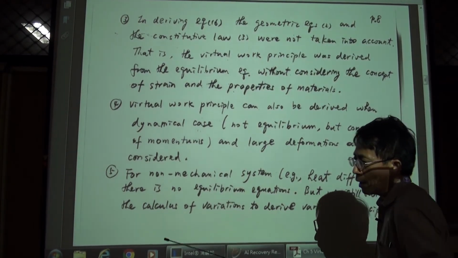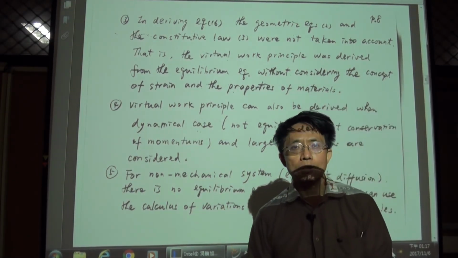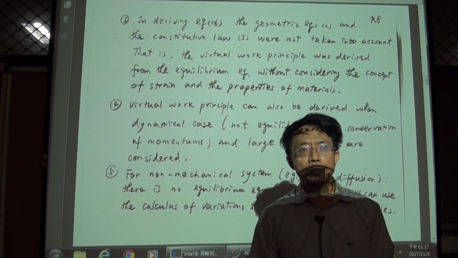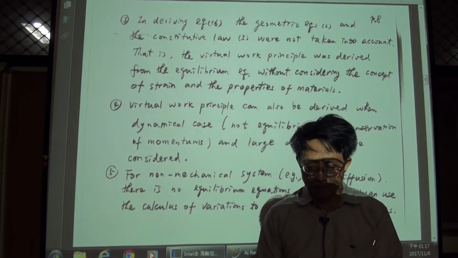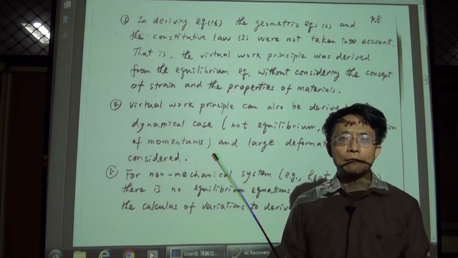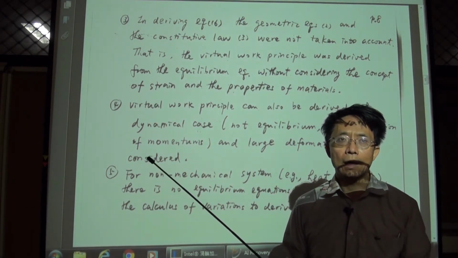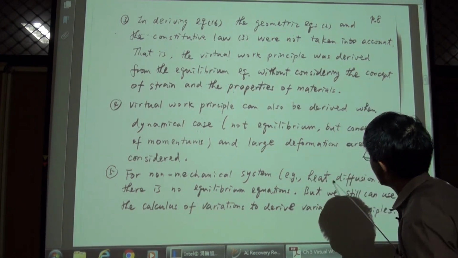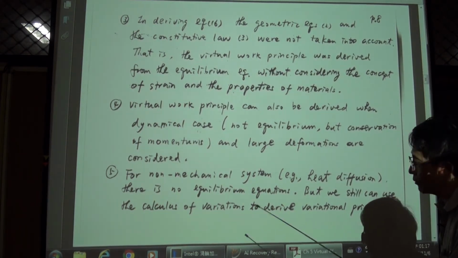So the virtual work principle is just a special case of a variational principle. But we can start from a general differential equation, which is not an equilibrium equation. We can start with the diffusion equation. Heat diffusion is also a partial differential equation, right?